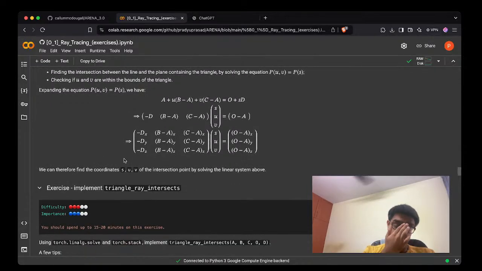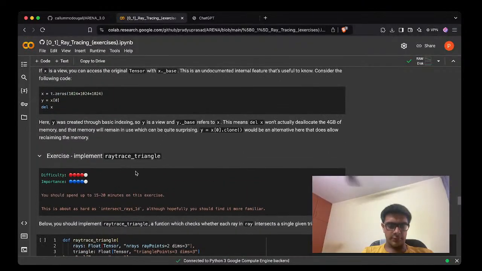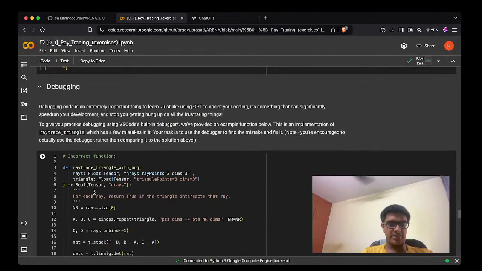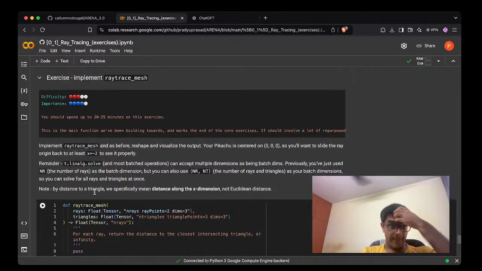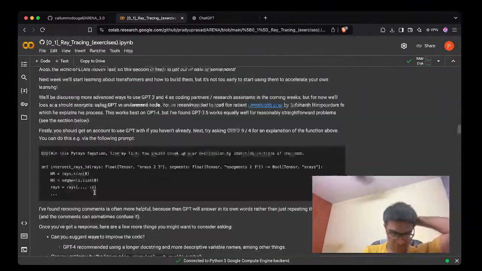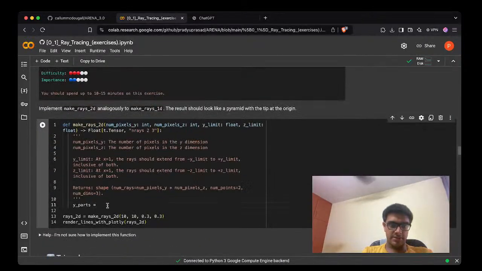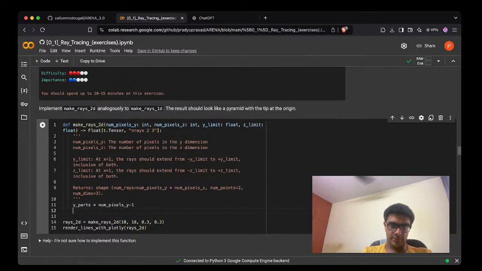What's going on here? Then we have implement raytrace triangle. Okay. And then we should be done here, right? Integer relations mesh. Okay, we're getting there. Y parts equals num pixels y minus 1.